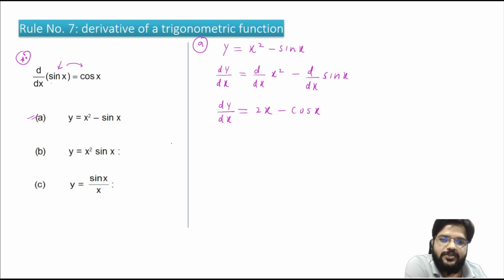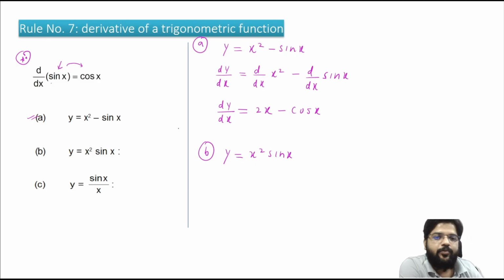Correct. Now see part B, everyone. Part B, y equal to x square sin x. So think, everyone, which rule we will use here. Which rule can be used here? So can I use the product rule here, everyone? Because here we have two functions, x square and sin x, and both are present in a product, correct?